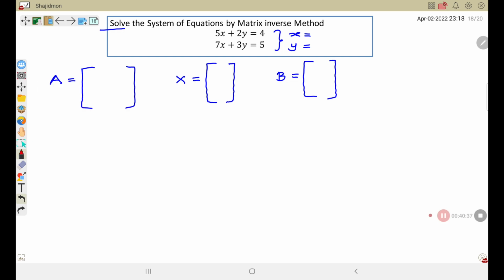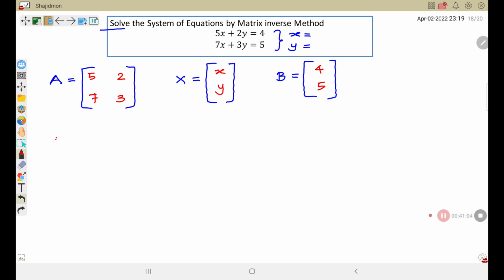So the A matrix is: x coefficients 5, 2, then 7, 3. Now X means the variable matrix, the variables x and y. Capital B means the constant matrix, the right side numbers 4 and 5.